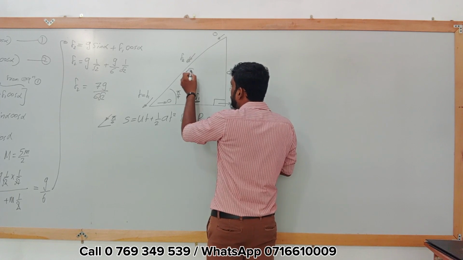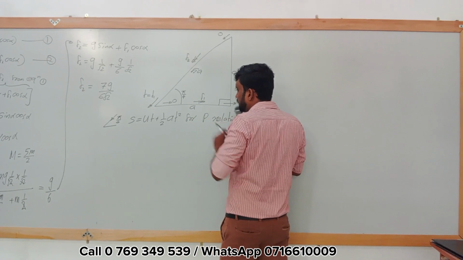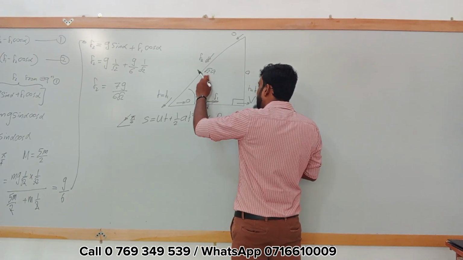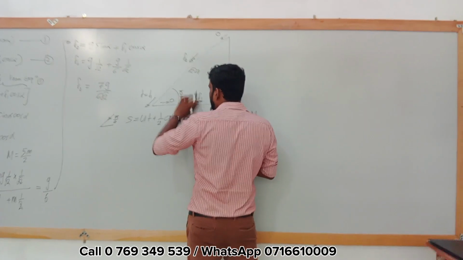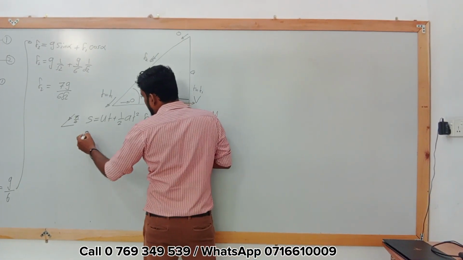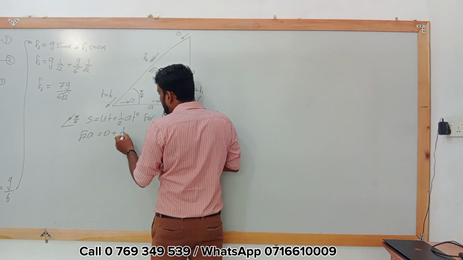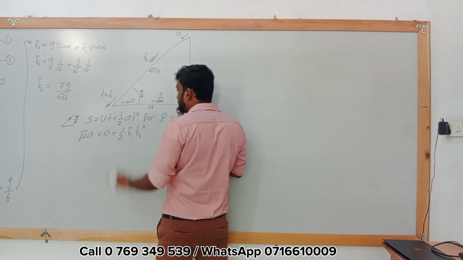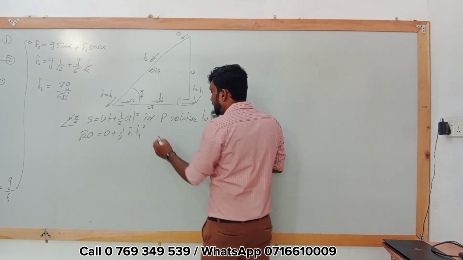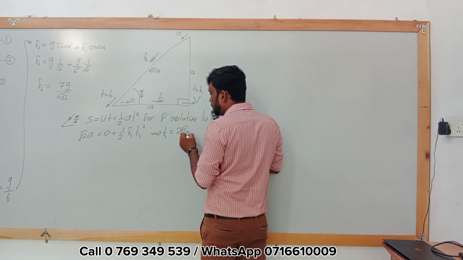This one should be root 2A, A sec pi by 4. Root 2A equals 0 plus half f1 t1 square. Then we can take t1. t1 equals 2 root 2a divided by f1.